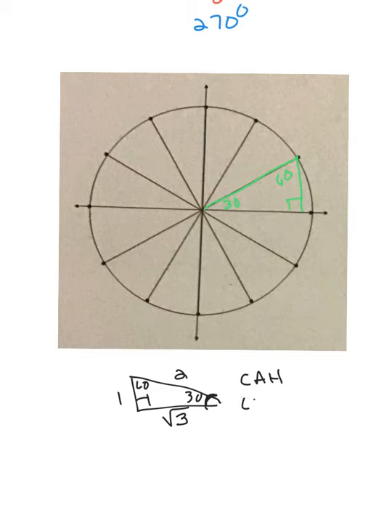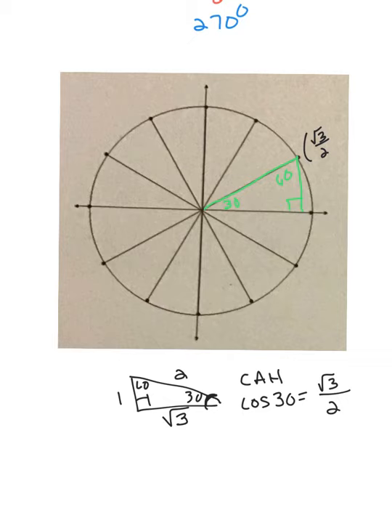So cosine of 30 equals adjacent, the side connected, square root of 3, over the hypotenuse, which is 2. So that means that in our unit circle, the x-coordinate will be the square root of 3 over 2 because it is the cosine.